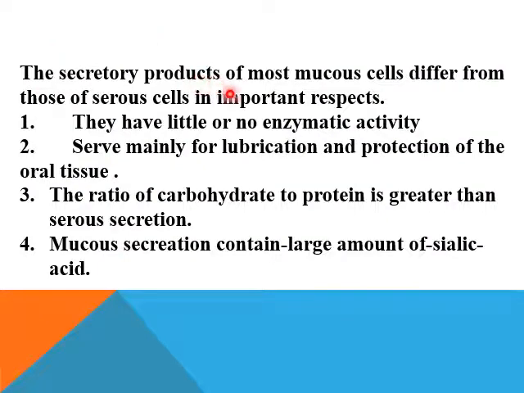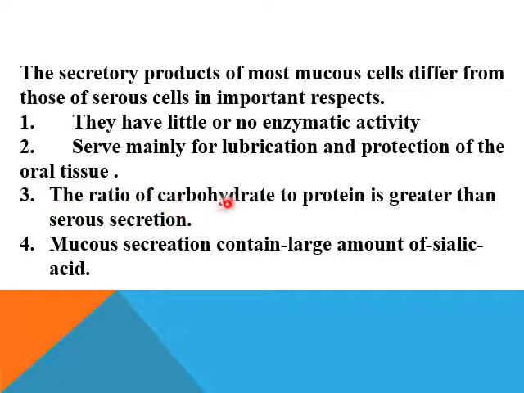The secretory products of most mucous cells differ from those of serous cells in important respects. First, they have little or no enzymatic activity, while the serous acini have enzymatic activity, especially in digestion of starch, as in the activity of amylase enzyme and other enzymes. Second, they serve mainly for lubrication and protection of the oral tissue.